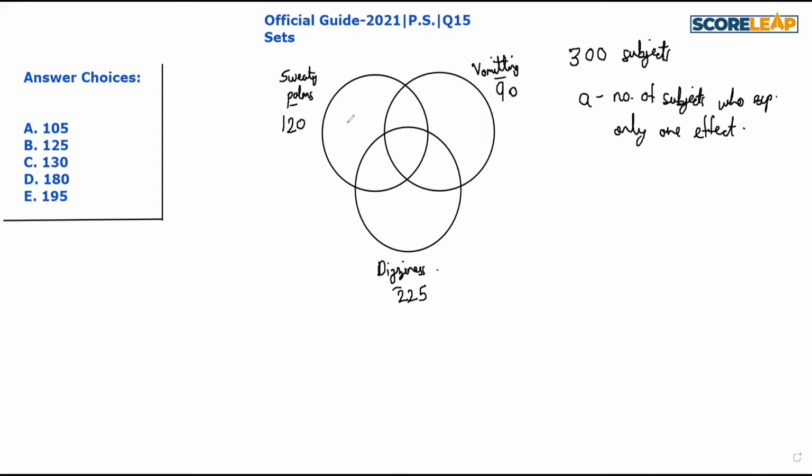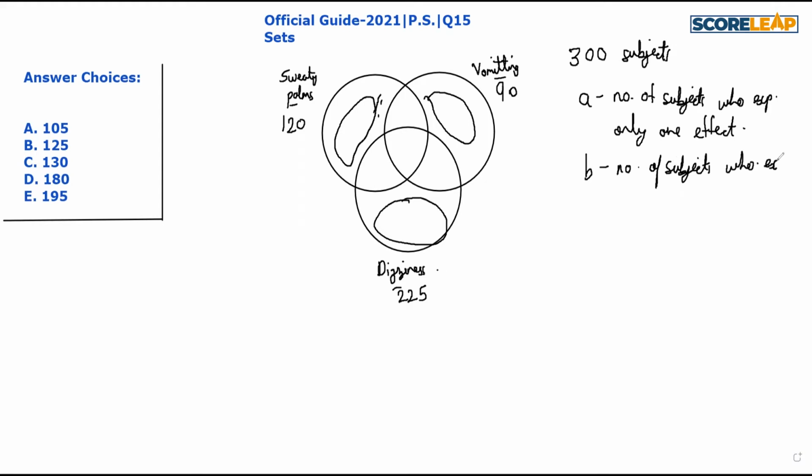So the sum of this part and this part will be A. Okay, then let us take B as the number of subjects who experienced exactly two effects. So the summation of this part, this part, and this third part gives us the value of B.